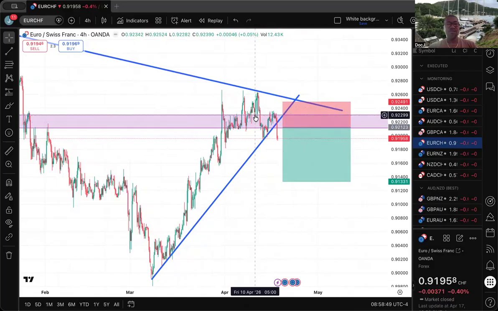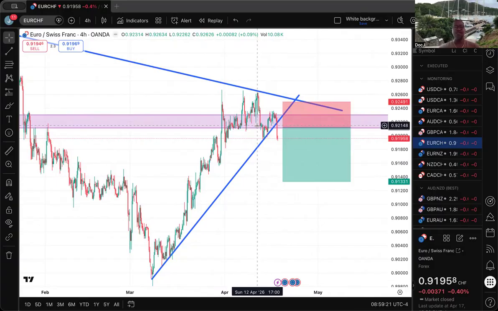What's the probability that price is going to change direction? Well, we've already said before, when you have a trend line intersecting with an area of interest, you're likely to get a change of direction at that point. So there is a high probability that price is going to change direction in this area.